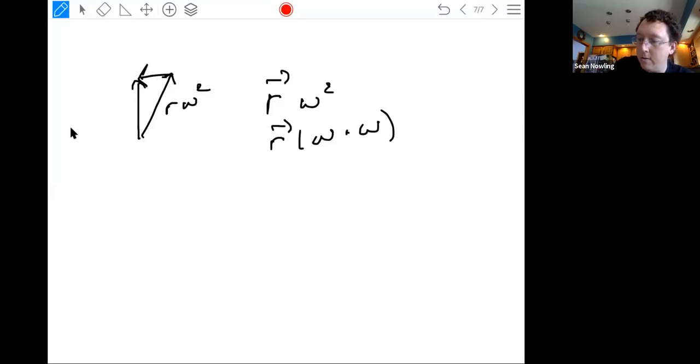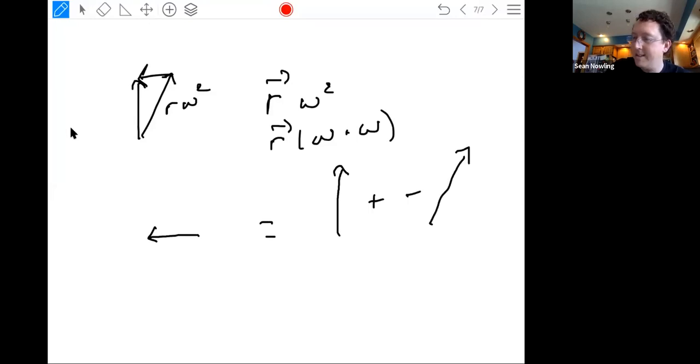And so what I want to do is think of this horizontal piece as a vertical piece plus a negative diagonal piece, so basically I say this equals this plus that.